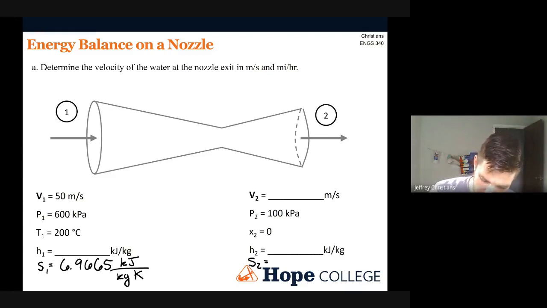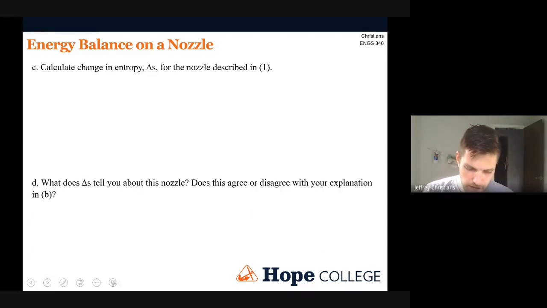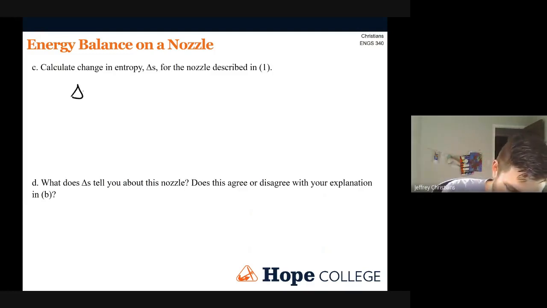I forget what I just said, but it was like 1.3. Is that right? Something like that. Kilojoules per kilogram Kelvin. So if we calculate the change in entropy, delta S equals S2 minus S1.